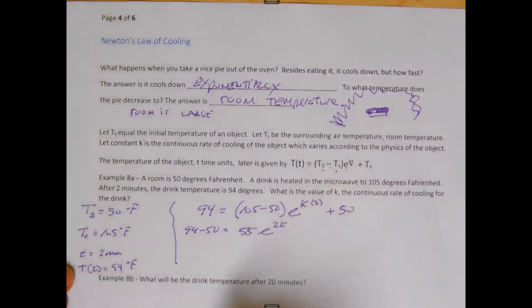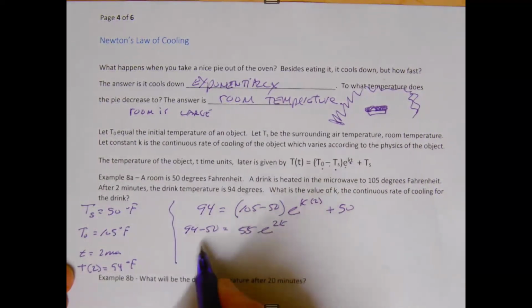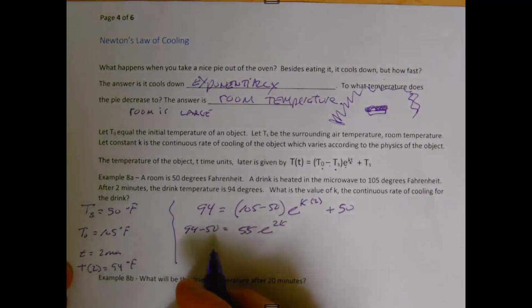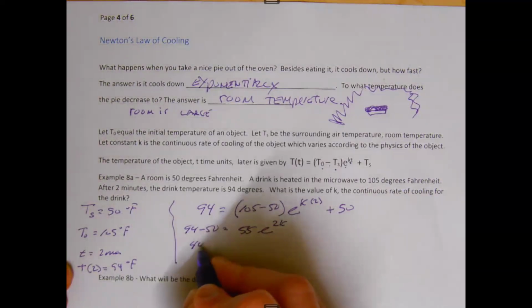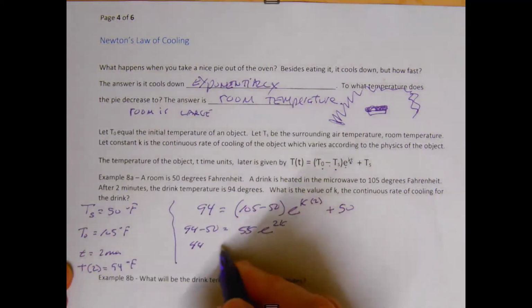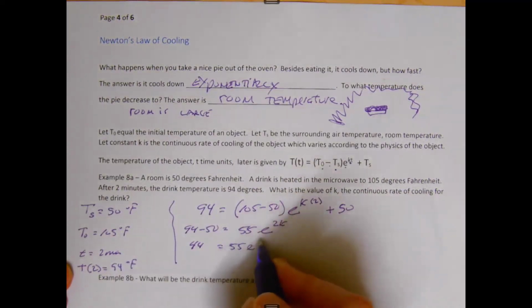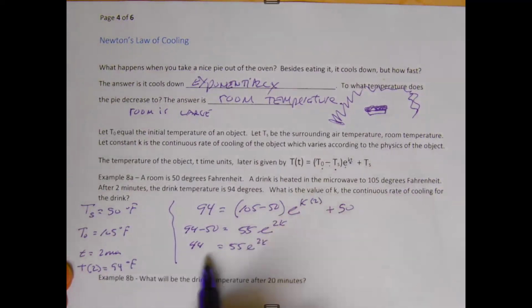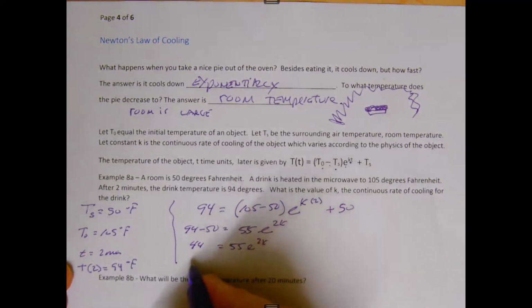Here, what am I getting? 94 minus 50. Oh yeah, 44. Okay. Momentary mind melt here. Divide both sides now by 55.